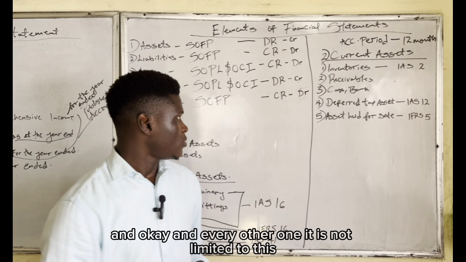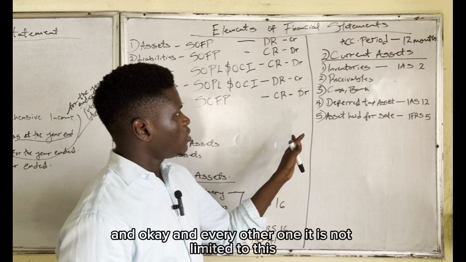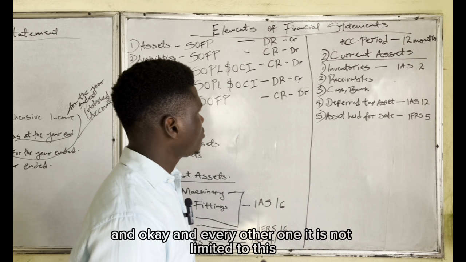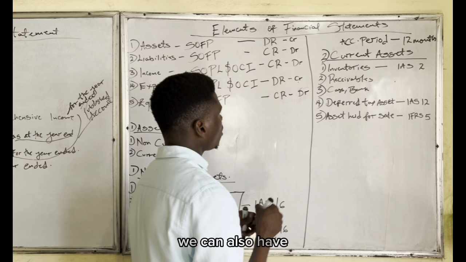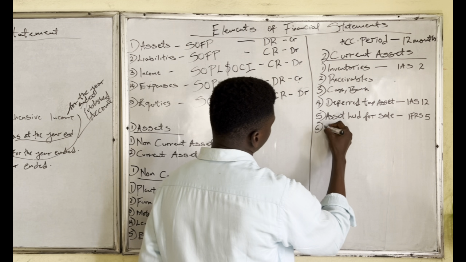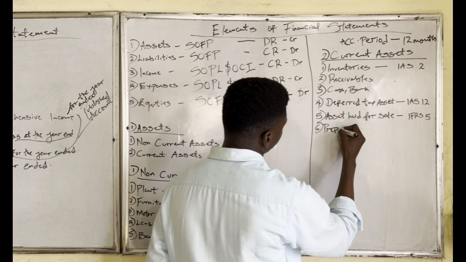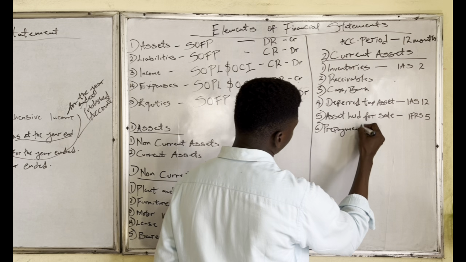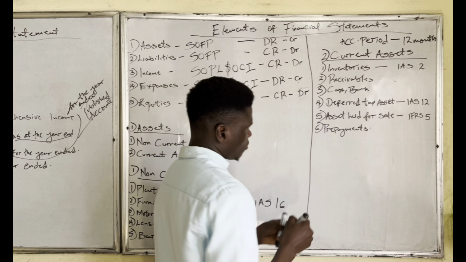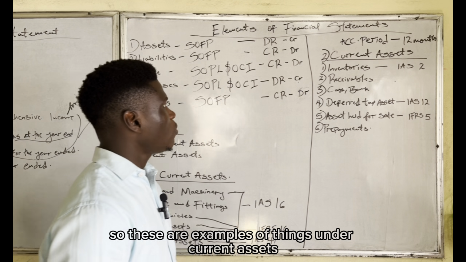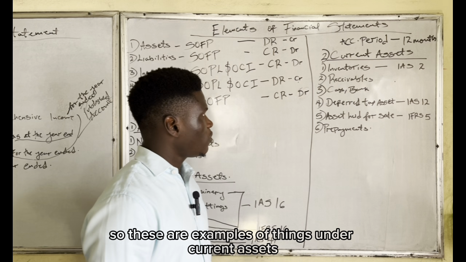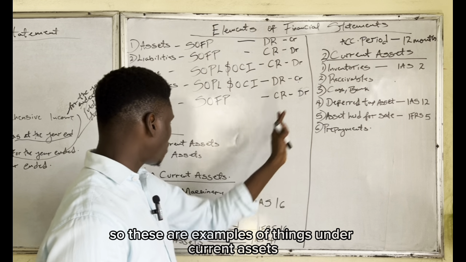And okay, and every other one. It is not limited to this. We can also have prepayments, and the likes. So these are examples of things under current assets.